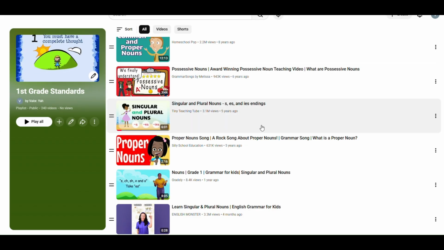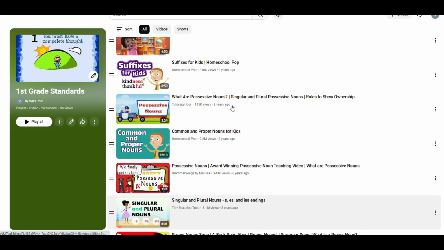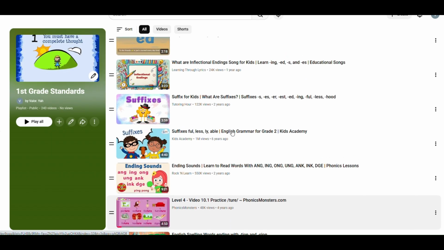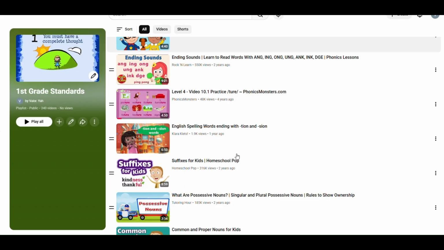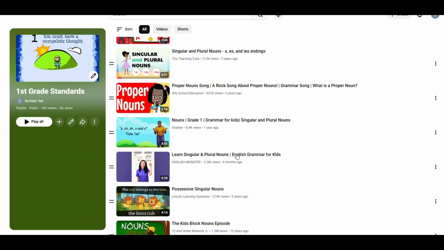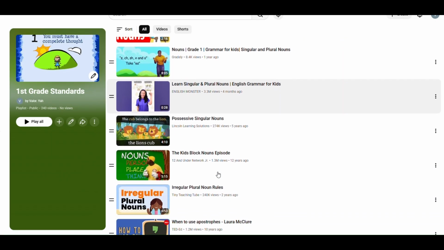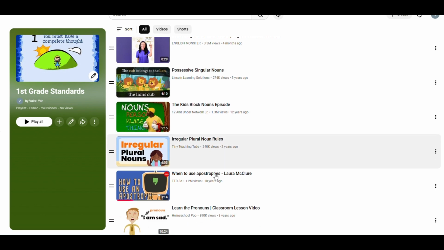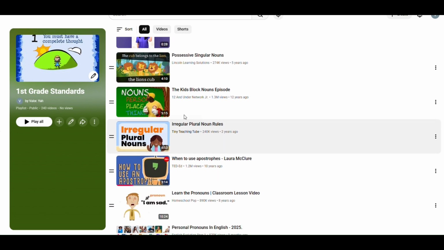Again, it takes the endings, the S-E-S, I-E-S, from up here and explains it, bringing it down. And that representation is so important.